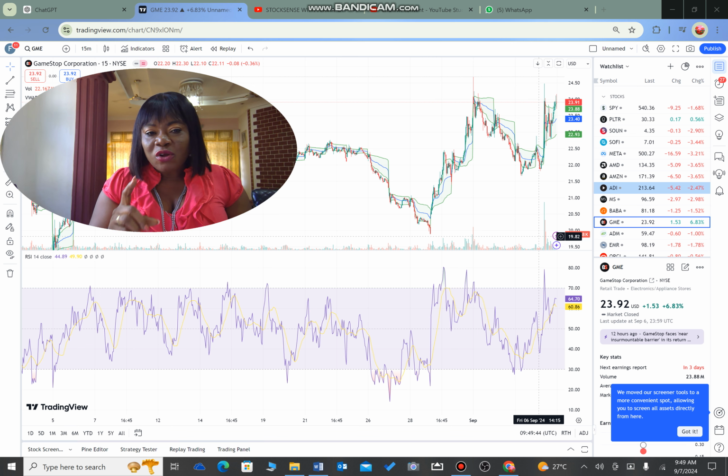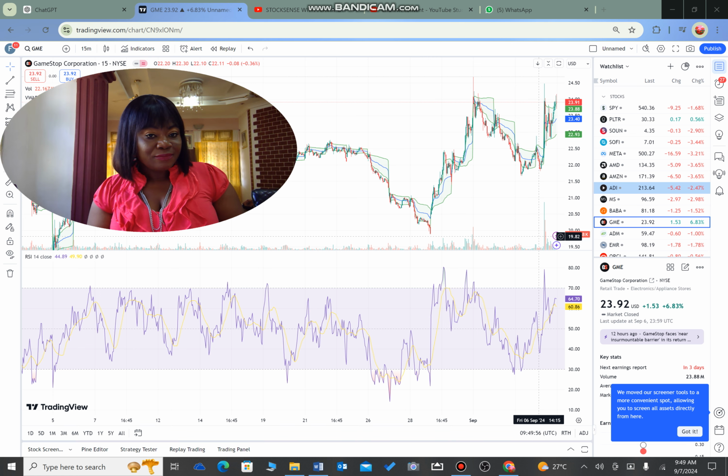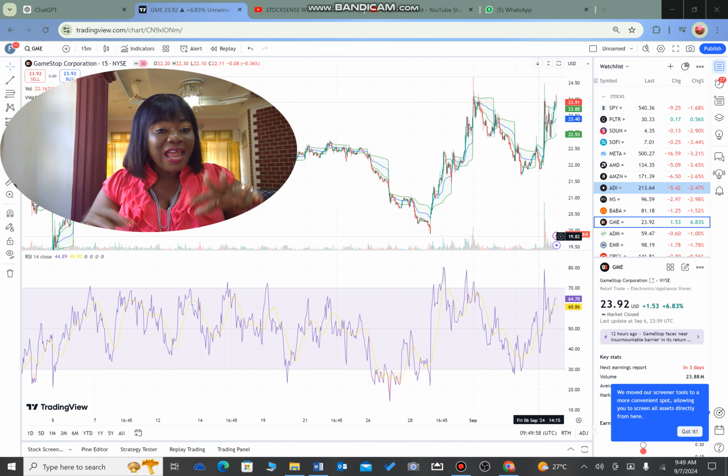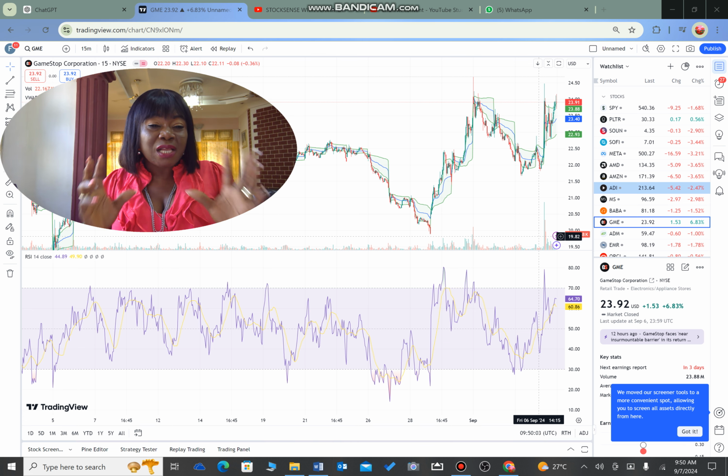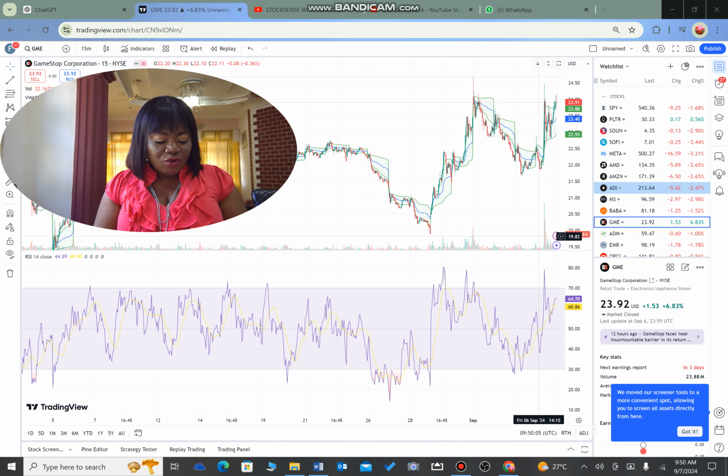What kind of stock do we need to be able to ensure our profits? We must look at a stock that has high volatility as well as high liquidity. Right, there must be large buyers and large sellers of that stock for you to be able to scalp and quickly record your profit.